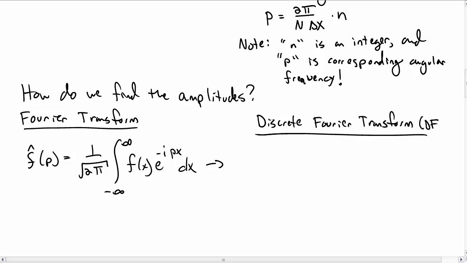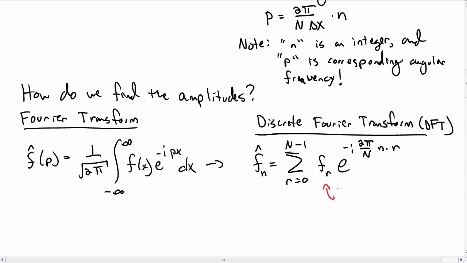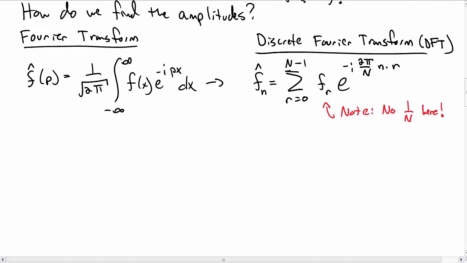And by the way, we're just going to call that DFT for short from now on. Okay, so f hat sub n is the sum from r equals 0 to N minus 1 of f sub r, e to the minus i 2 pi over big N, little n times r, where the f sub r are the values of the function. Note there's no 1 over N here, as there was with the inverse version of the Fourier transform.